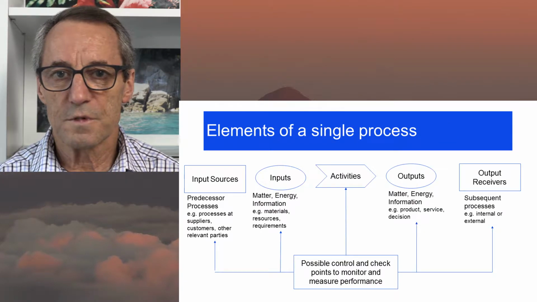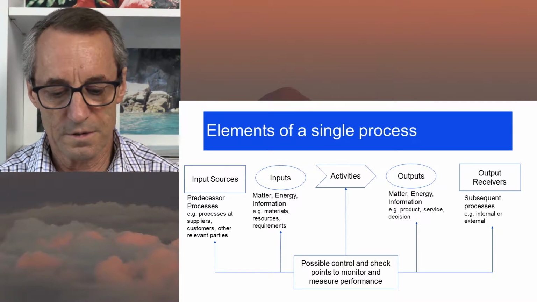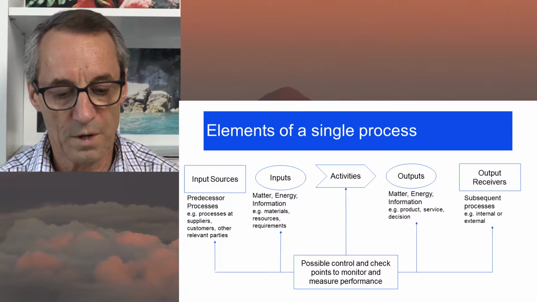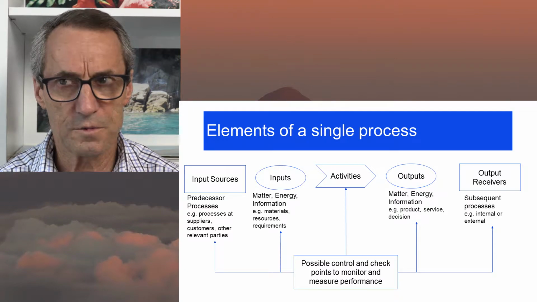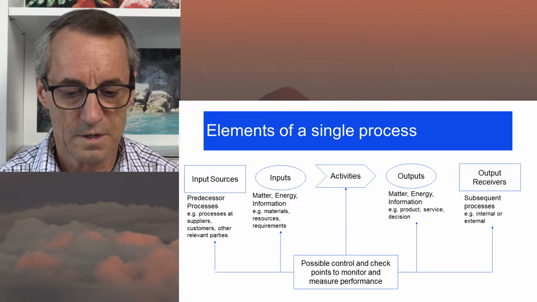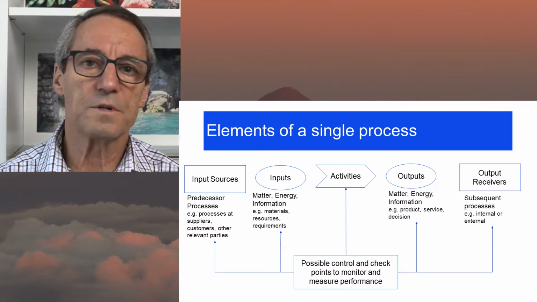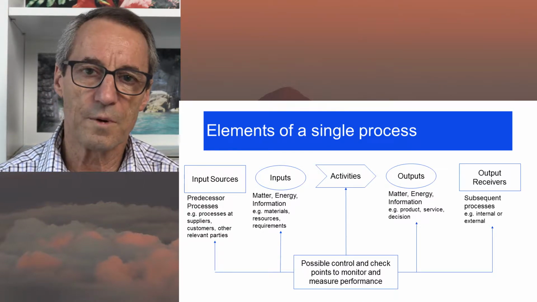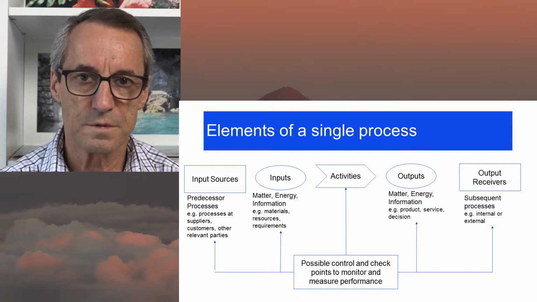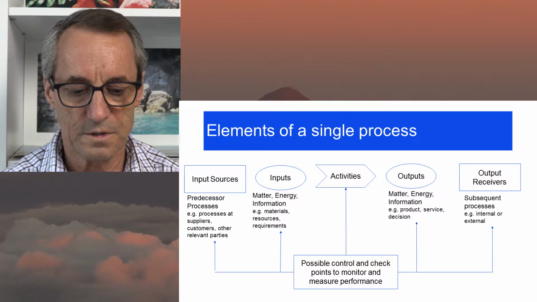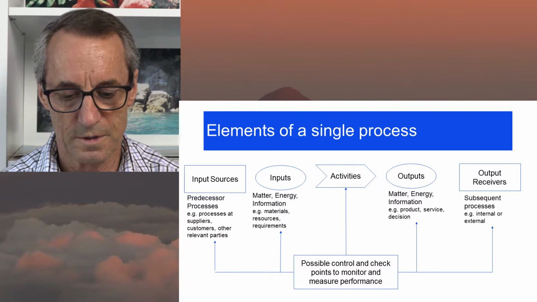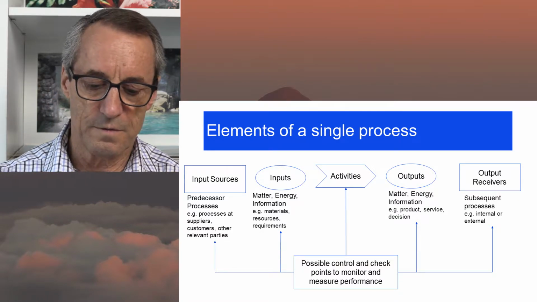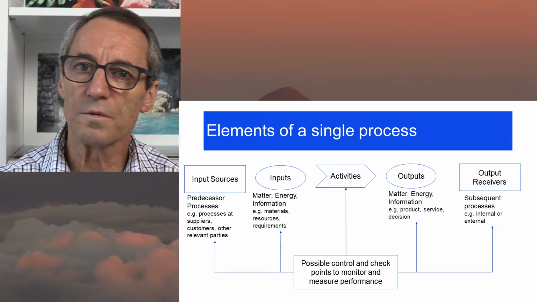The elements of a single process, as this diagram is taken from ISO 9001, the latest edition, which I think is 2015, you have the activities of the process. These are the things that people actually do. Now, coming back, there are inputs that go into the activities, and they come from input sources. All right. Now, the activities are controlled in some fashion.